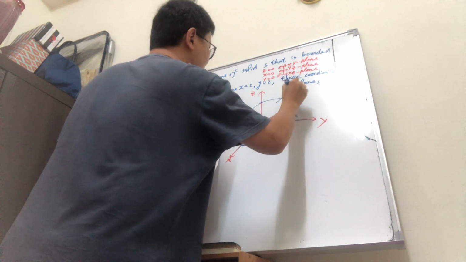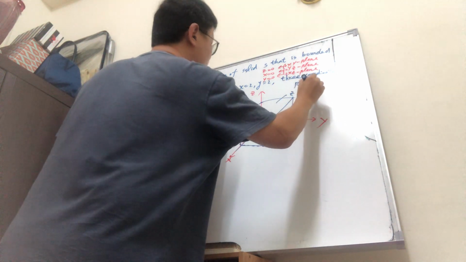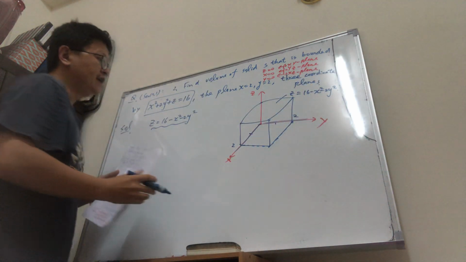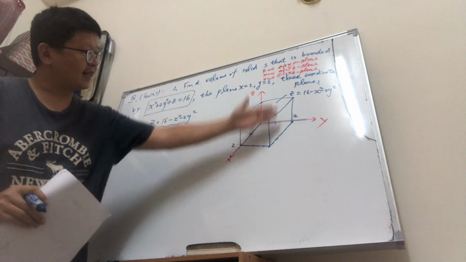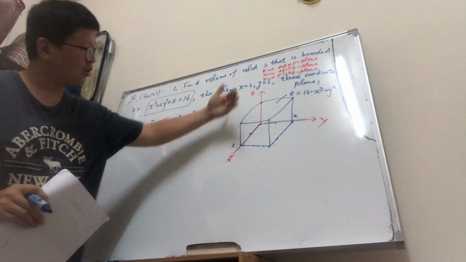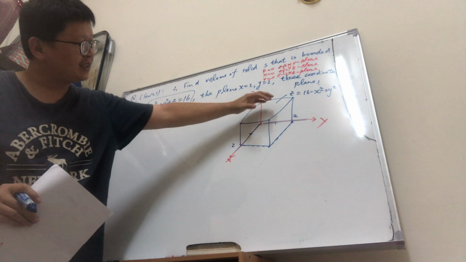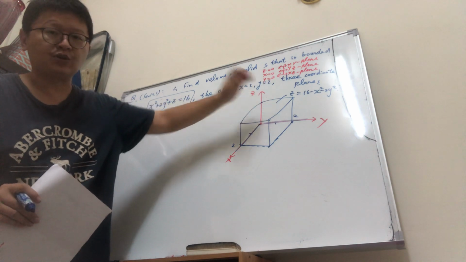And it's z equals 16 subtract x squared subtract 2y squared. Here we have the planes x equals 2, x equals 0, y equals 2, y equals 0, and the surface z equals 16 subtract x squared subtract 2y squared.